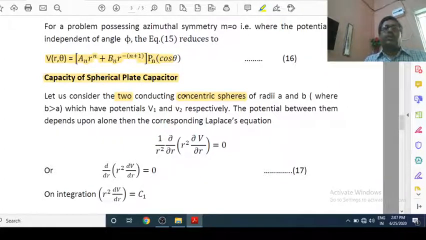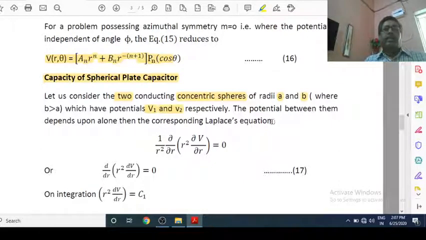So we take here two conducting concentric spheres, the first of radius A, the second of radius B, and suppose B is greater than A. So the outer sphere has the larger radius B, the inner sphere has the smaller radius, the inner sphere has potential V1, the outer sphere has potential V2, and the potential between them, between the plates, depends on r alone.